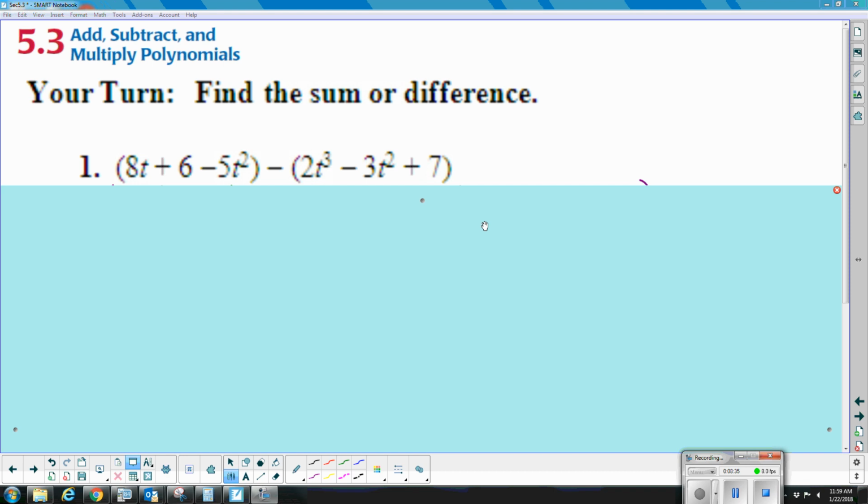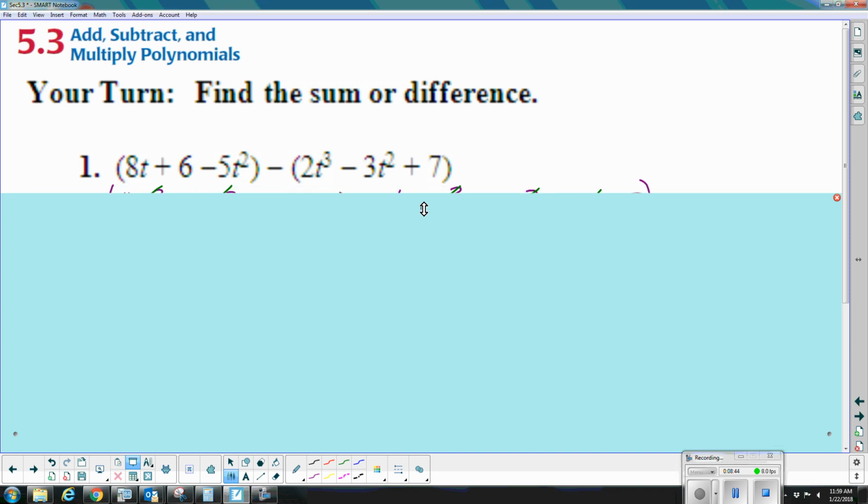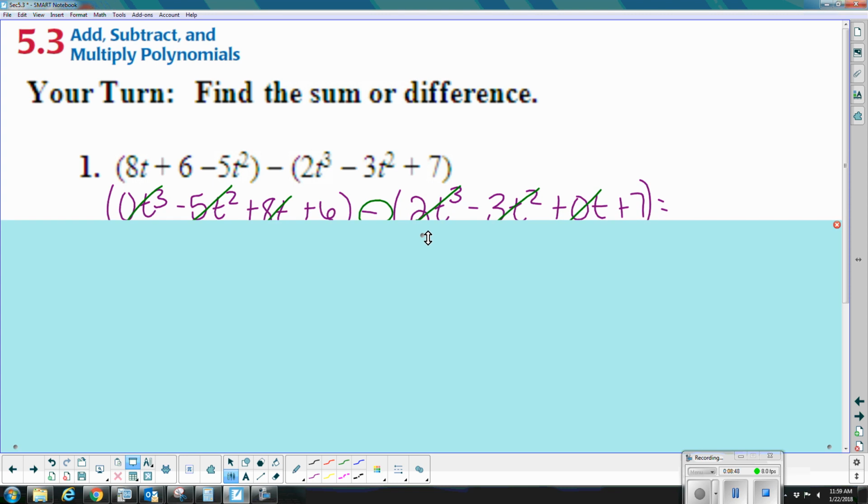All right, in this first example, you have to rewrite this into standard form. And again, I would rewrite it so each polynomial has the same degree, even though your first one will have a leading coefficient of 0. So when you do this, you get 0t cubed minus 5t squared plus 8t plus 6 minus the whole polynomial, the whole group, 2t cubed minus 3t squared plus 0t plus 7.